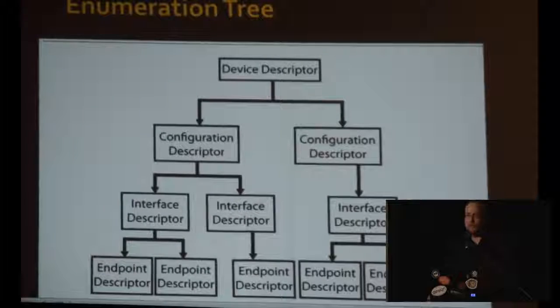It really is an enumeration tree. So depending on the configuration or the interfaces that you want to set, you can have multiple configurations set up within any given device. And that goes back to saying, hey, I'm a mouse, I'm a keyboard, maybe I'm sending data one way, and now I'm a bulk device trying to send data a different way.